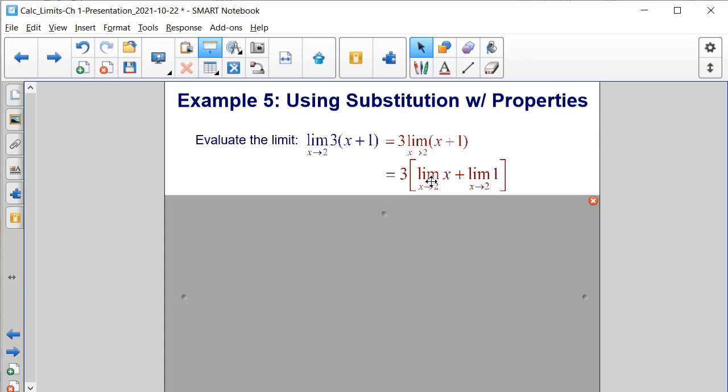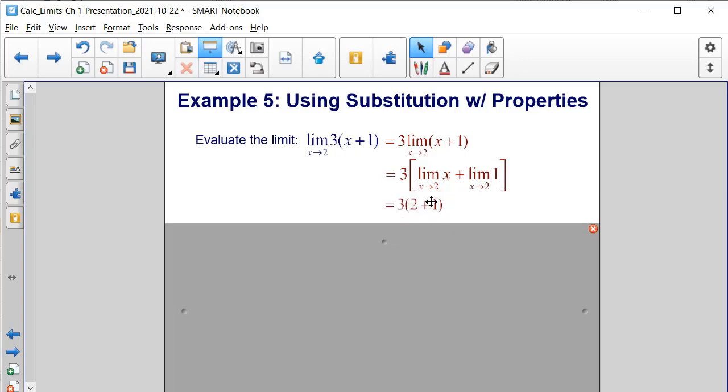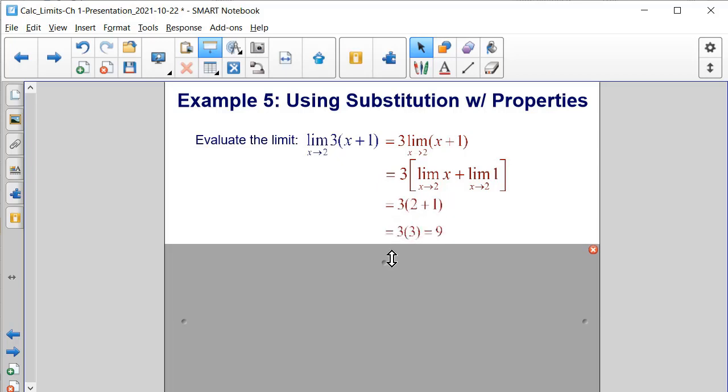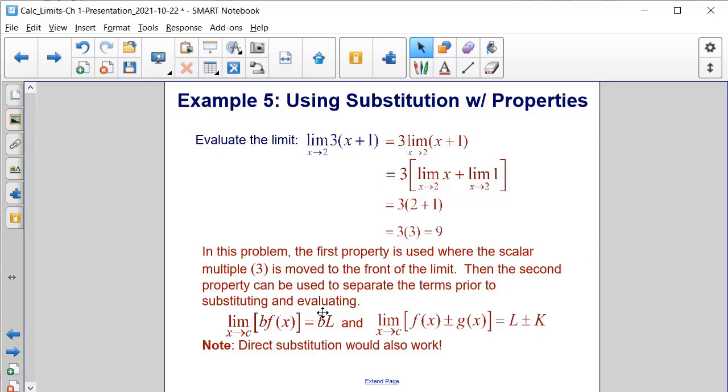Well, now we know that the limit of x as x approaches 2 is 2, and we know the limit of 1 as x approaches 2 is just 1. And then if we evaluate this expression, we'll have 2 plus 1, which is 3, and 3 times 3, which is equal to 9. So again, we use the first property and the second property. And note, direct substitution would also work.